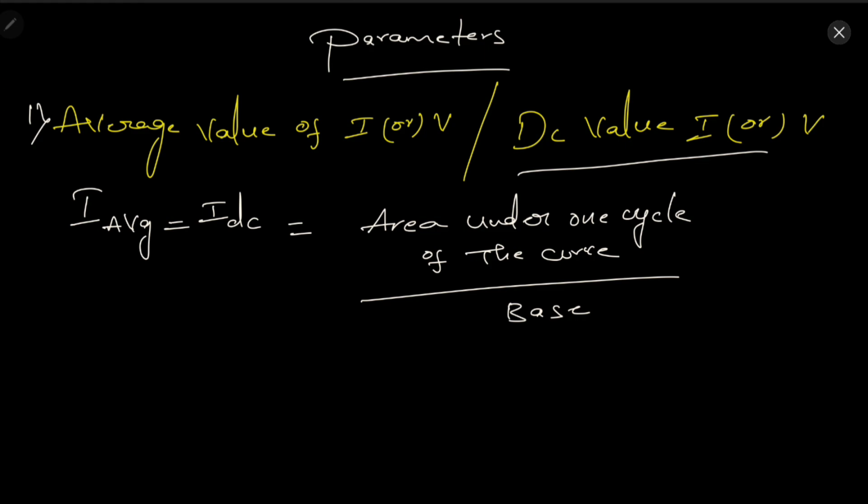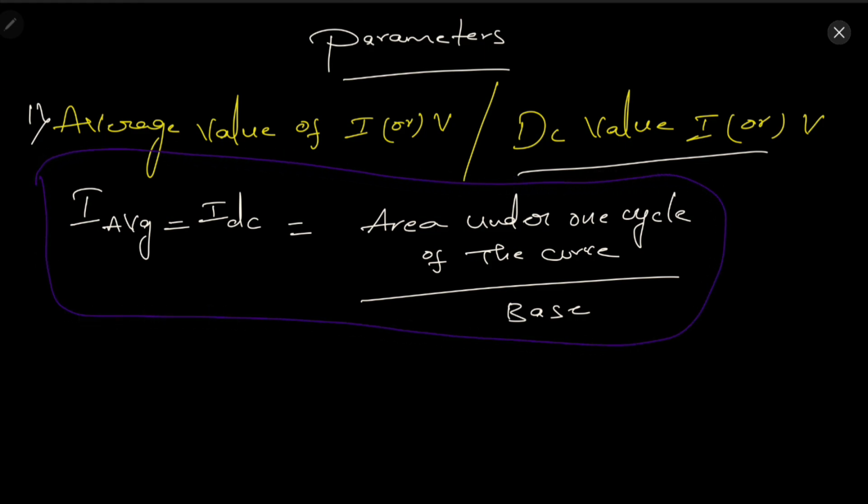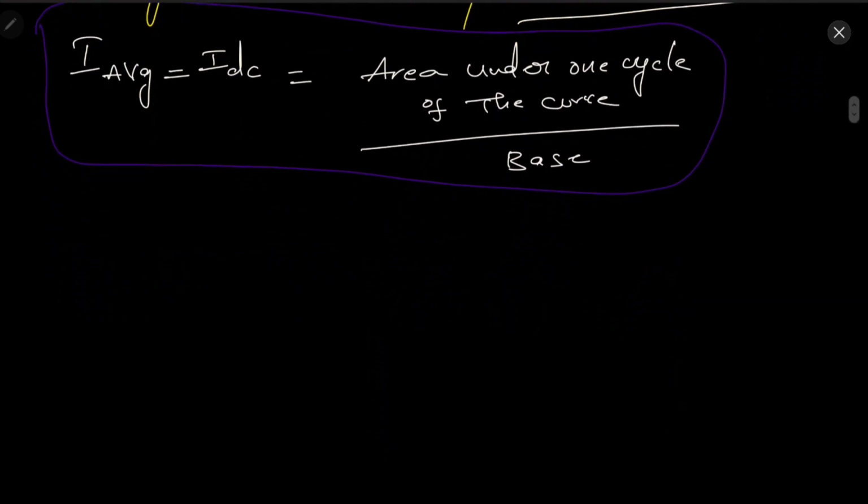This is the formula to find the average value of both current and voltage. Now I average is equal to IDC. Area under one cycle of the curve means from the graph waveform.